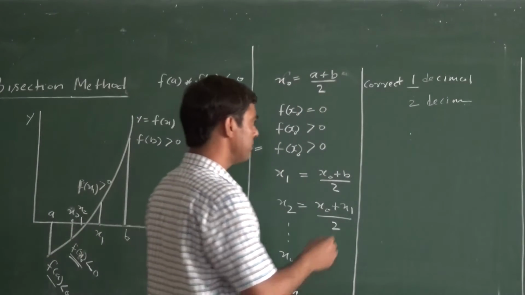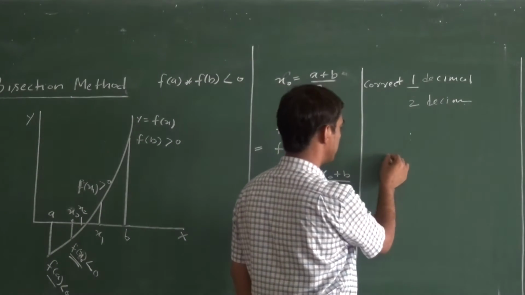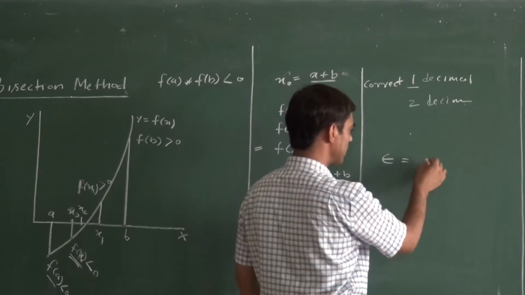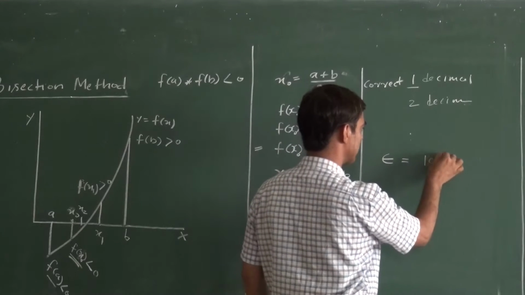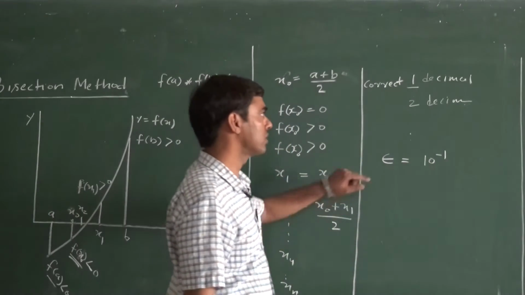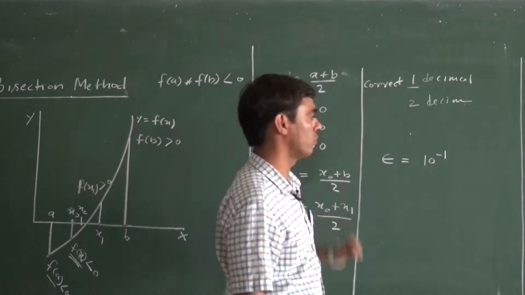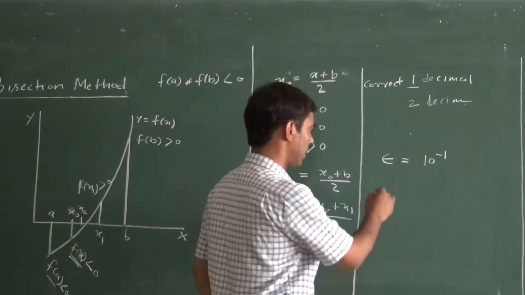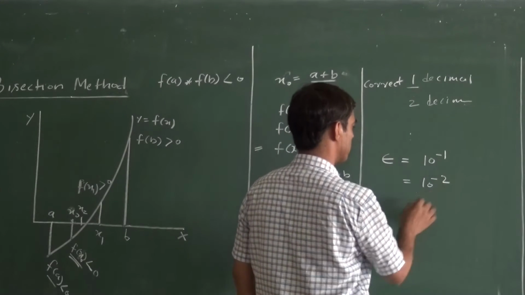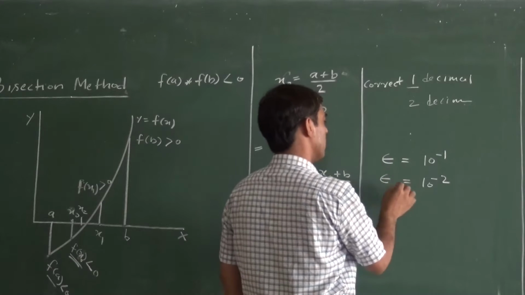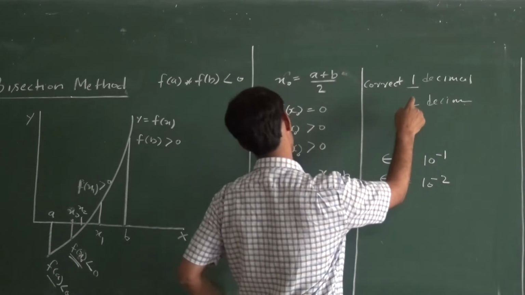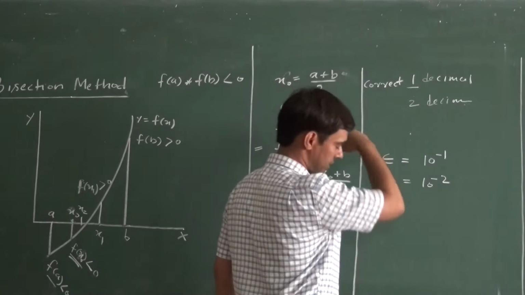So here we define a value EPS, epsilon. This is 10 to the power minus 1 if we try to find the solution correct up to 1 decimal place, and 10 to the power minus 2 if we try to find the solution correct up to 2 decimal places.